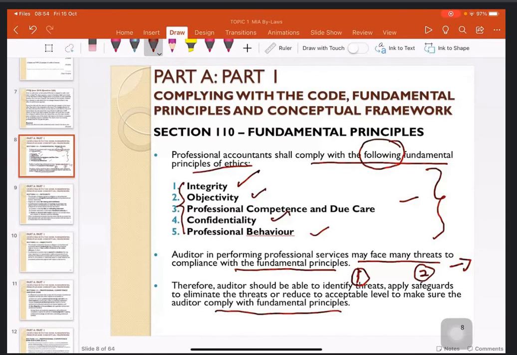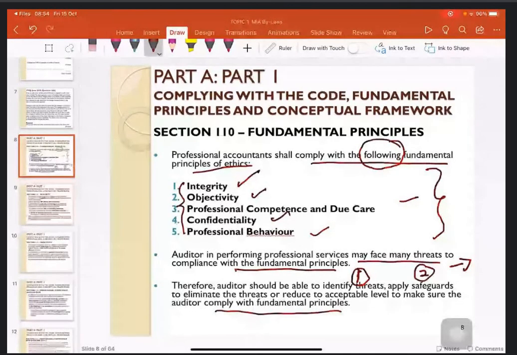Mula-mula sekali apa yang you kena buat adalah we need to follow the fundamental principle. Betul tak kelas? Betul. There are 5 fundamental principle that we need to follow. Okay. Kemudian sometimes bila you nak follow fundamental principle, we might face some threat. Okay. So that we not be able to follow that fundamental principle. Jadi apa yang auditor kena buat? The first thing, we need to identify the threat.